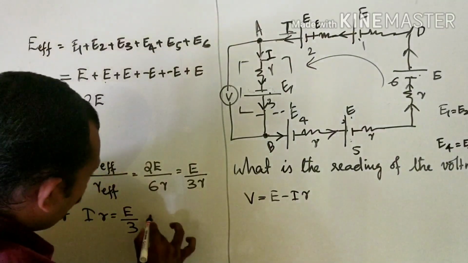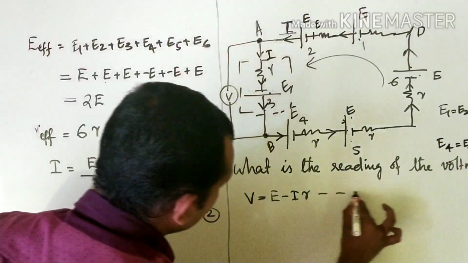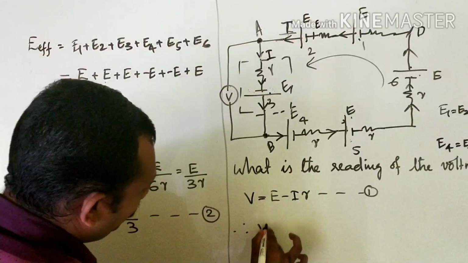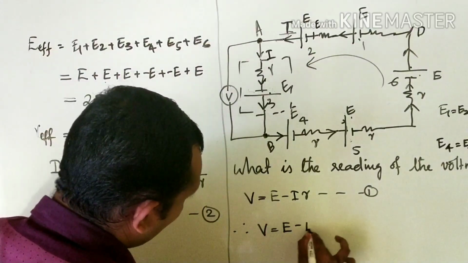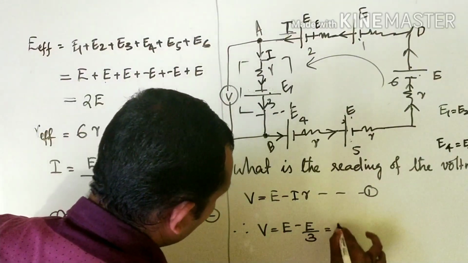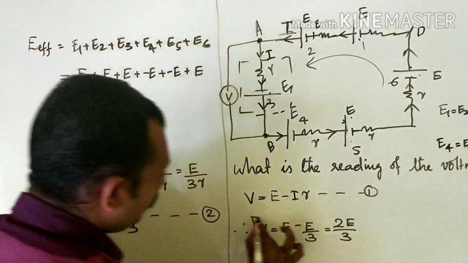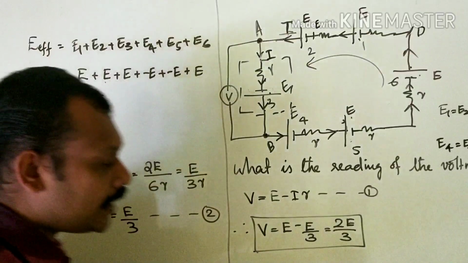Now this is the equation. Let me take this as equation number 2, and this as equation number 1. Substituting equation 2 in equation 1, therefore, terminal potential V is equal to E minus E by 3, that is equal to 2E by 3. The terminal potential here is going to be 2E by 3. And the problem is over.